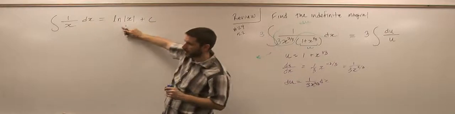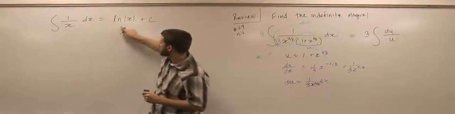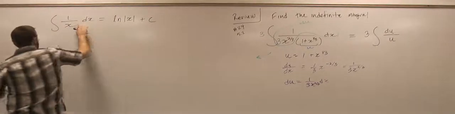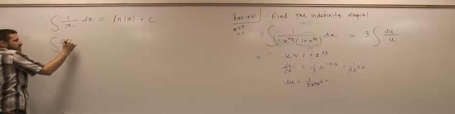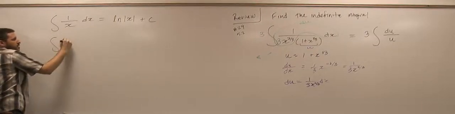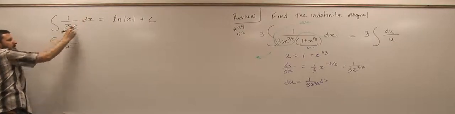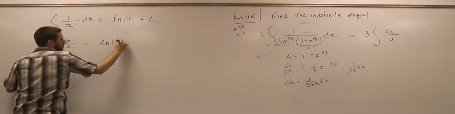So the integral of 1 over x is ln. Derivative goes this way and gives you 1 over x. Integral goes this way and gives you ln. This is the same thing notationally as dx over x. So whether the dx is being multiplied like this or the dx is on top, it's the same problem.